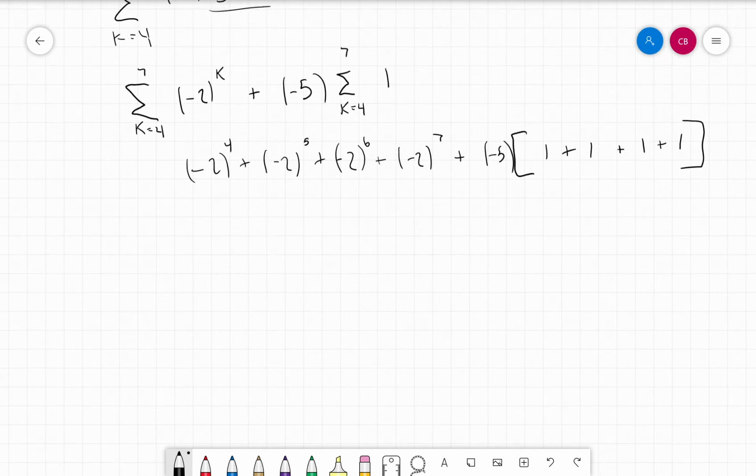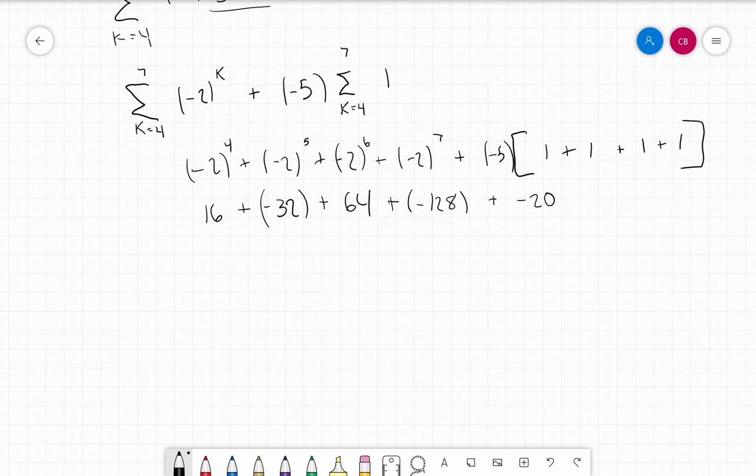Okay, so negative 2 to the 4th is negative 2 times negative 2 times negative 2 times negative 2, that's 16. Plus negative 32. Plus 64. Plus negative 128. And then plus 4 times negative 5, which is negative 20.